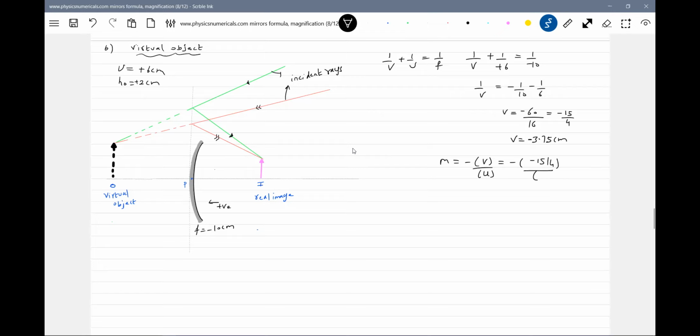Object distance is plus 6. So it will be diminished. You can see from here, 15 by 24, or plus 15 by 24. It will be less than 1 and it will be erect. Positive, I got it. So height of the image.